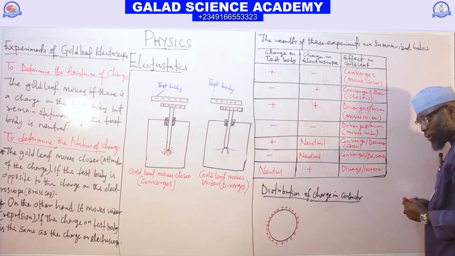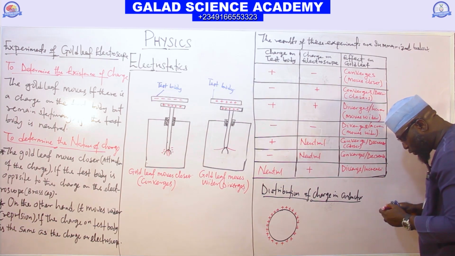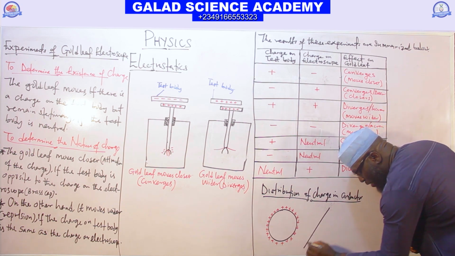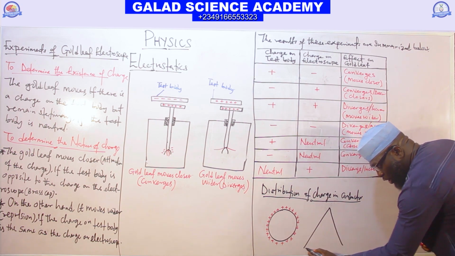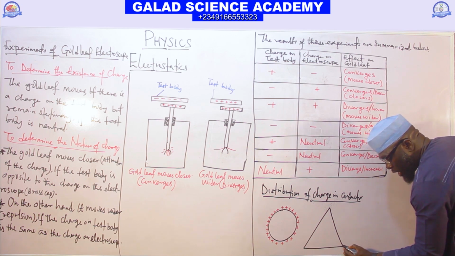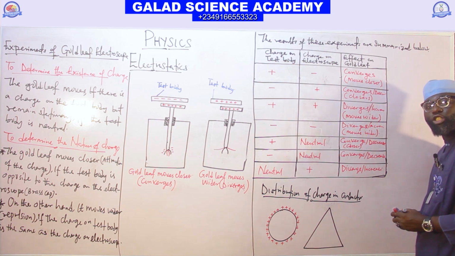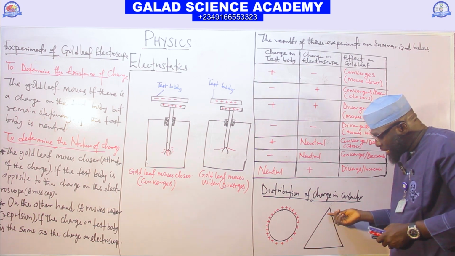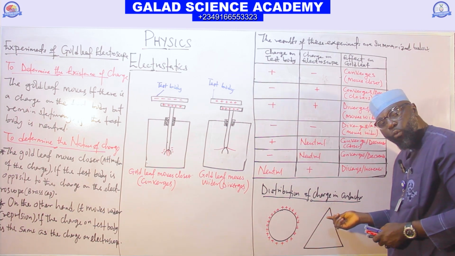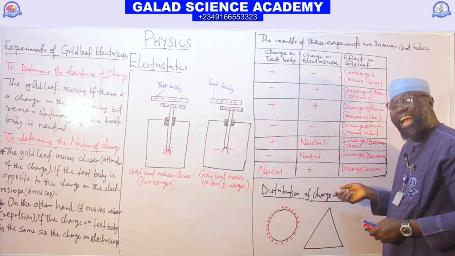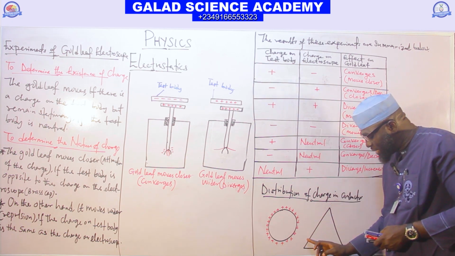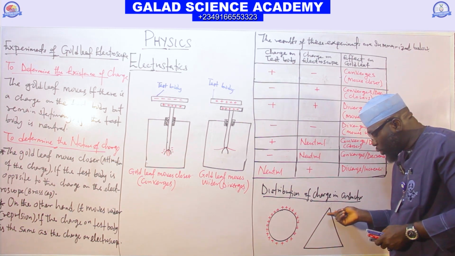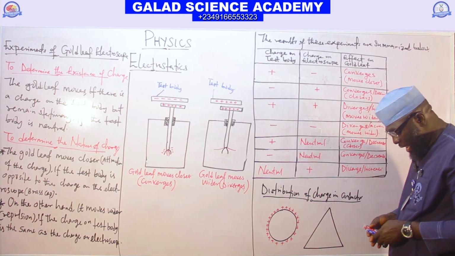But in the case where we have a shape of a triangle, the distribution of charge in the triangle is not uniform, because the sharp corner here will contain more charge than this normal side because of the small surface area.